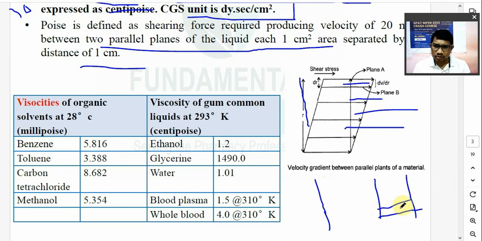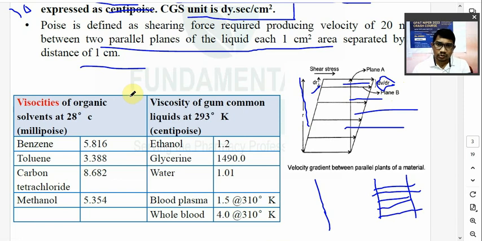If you apply a force on that, as the liquid is made from different planes, upon application of stress it will start to flow. The flow will be like this, so the initial plane will be displaced from one place to another. Each plane is separated by a distance known as dr. The change in the position of that plane with respect to distance, dv by dr, is nothing but the velocity gradient, which relates to the viscosity.